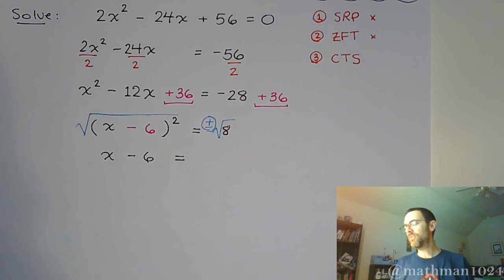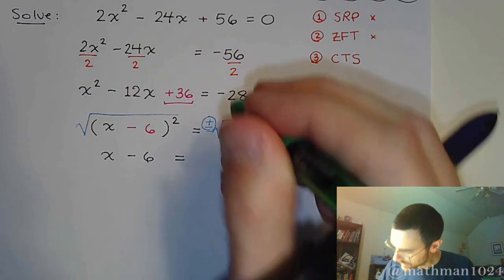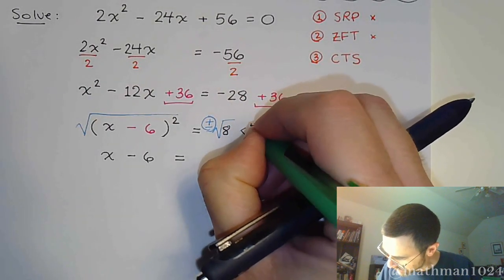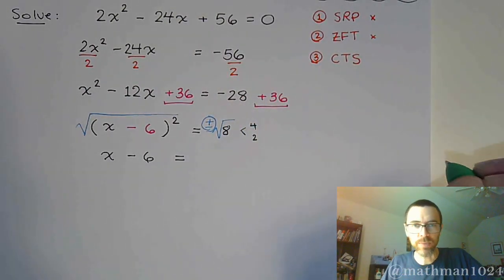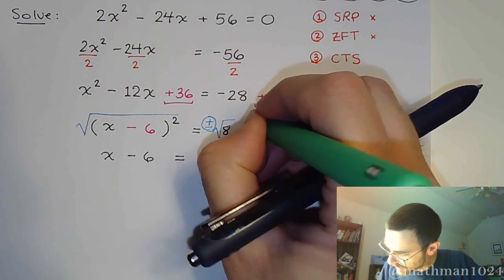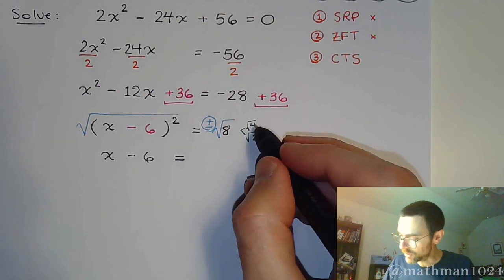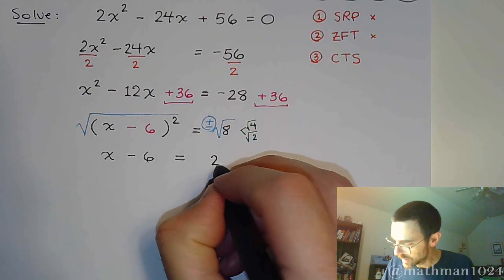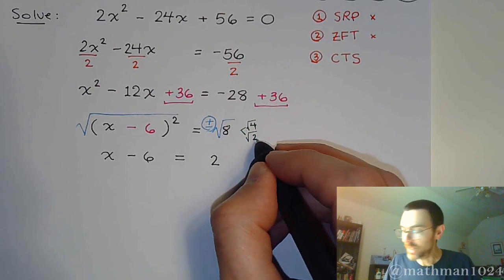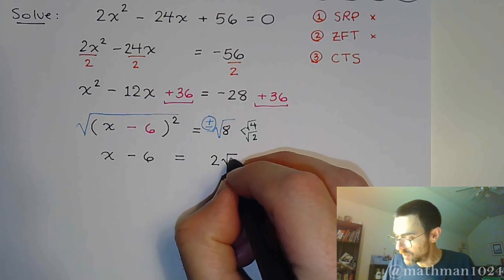On the right side, we want to factor 8 if we can, so that one of the factors is a perfect square. Okay? So 8 can break down as 4 times 2. Remember, these guys are both their own individual square roots. We can take the square root of 4 to get 2. The square root of 2 has to stay exactly as it is, so that's the square root of 2.